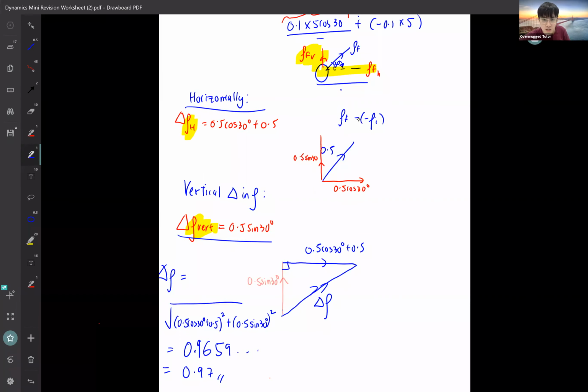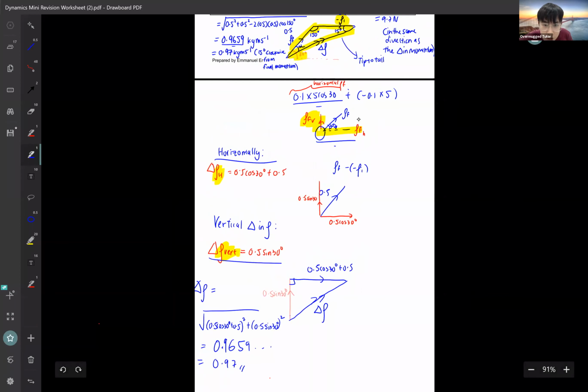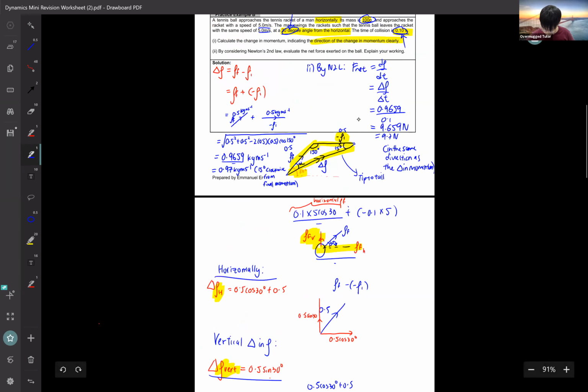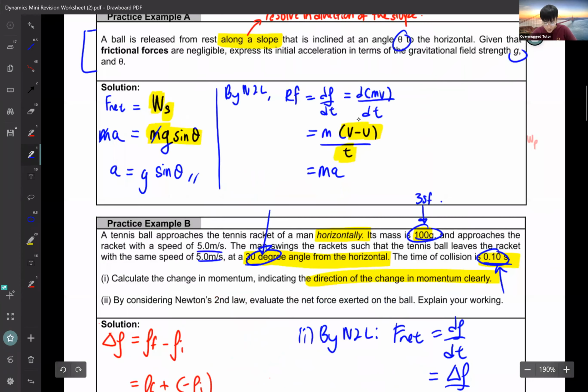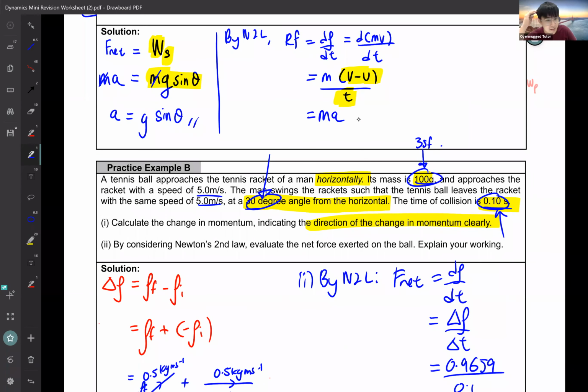Any other question? Okay, wait. I got a question from Summer. Why can't practice B just set a sign convention? Let's see, practice B. Yeah, you can't, because sign convention takes into consideration motion in one line, correct?